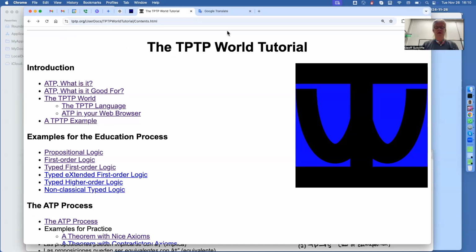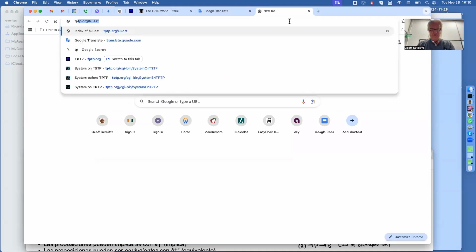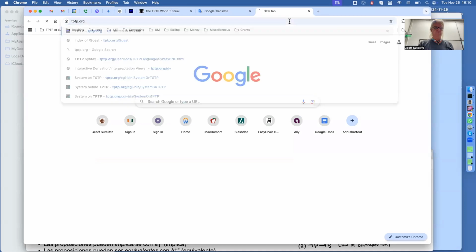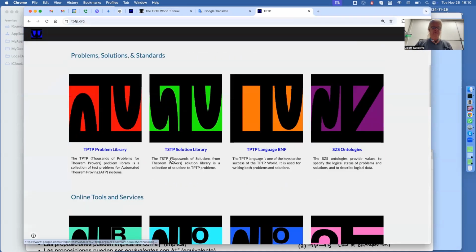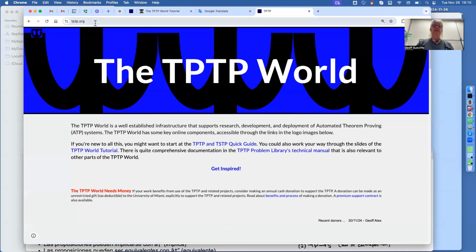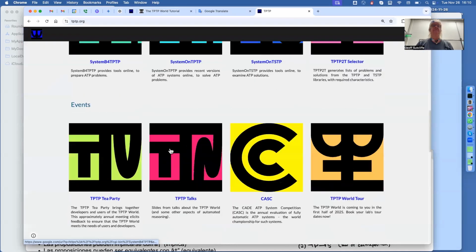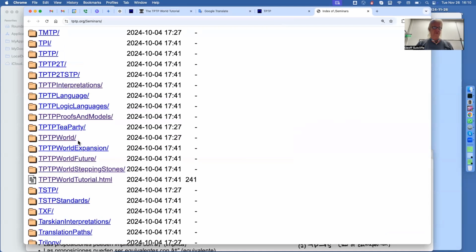For the people who have laptops, you can start at tptp.org. This is the beginning. And inside tptp.org, if you go to the pink one here, this is the tutorial.